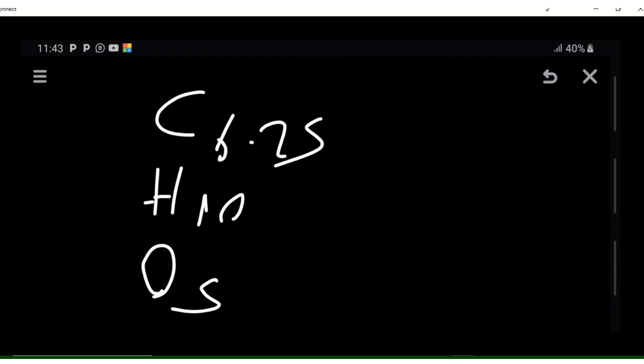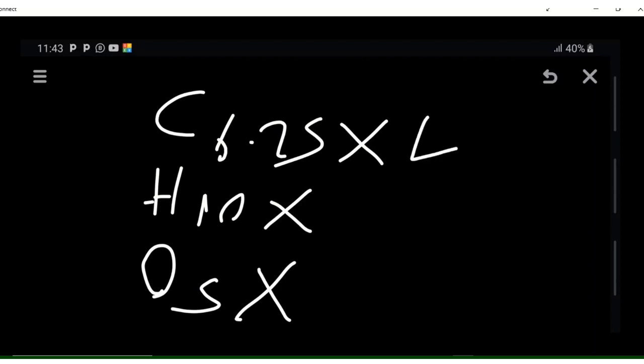As long as I have 6.25, I am multiplying everybody. This is multiplying, it's not wrong. I'm multiplying everybody by 4.